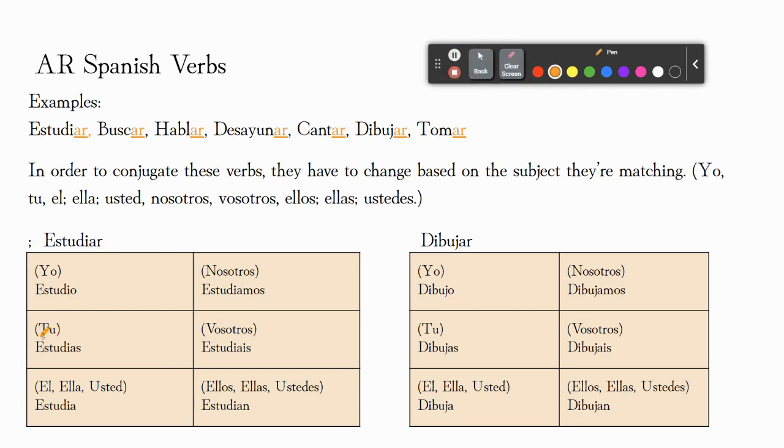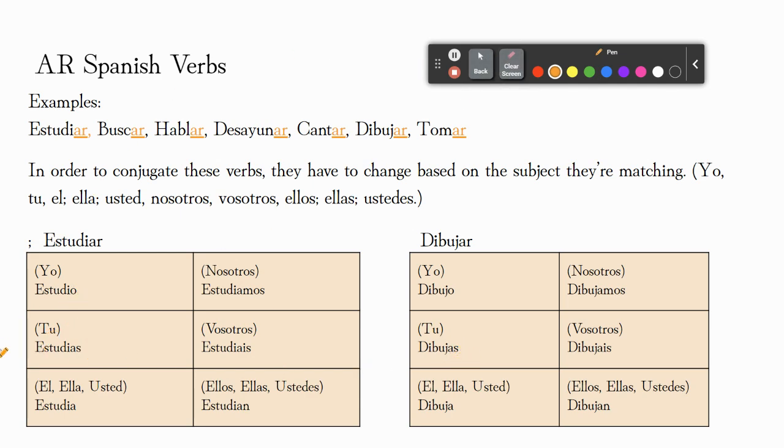The next conjugation form is the tú form, or the you form, which in all these AR verbs will always end the same, in AS.